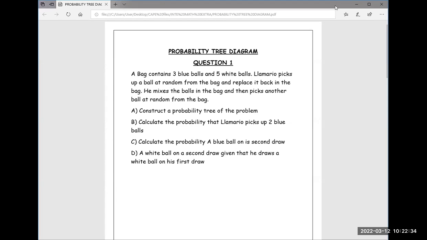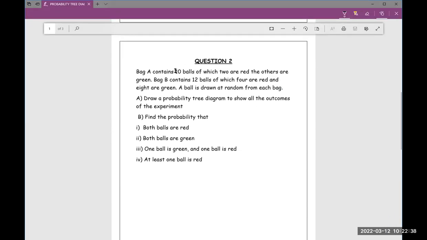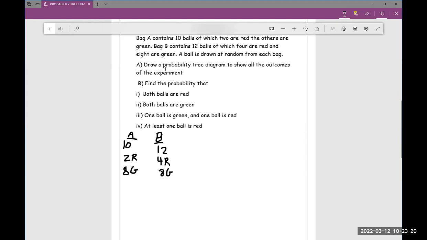Yeah, so we did question 1, so go to number 2. Would I draw 2 trees for this, or we're picking one ball from each bag each time?